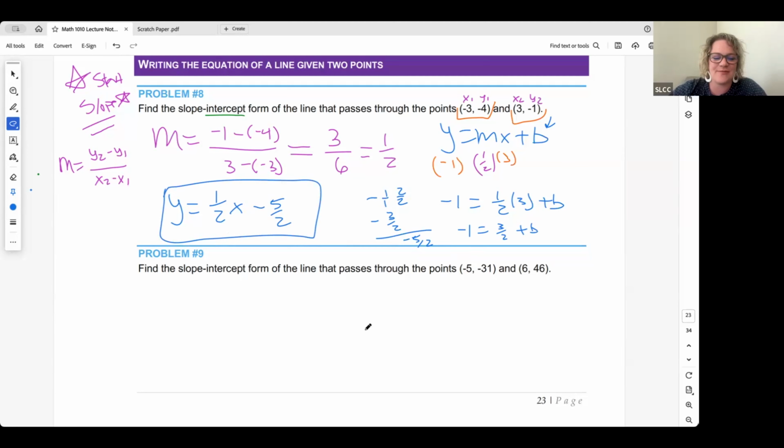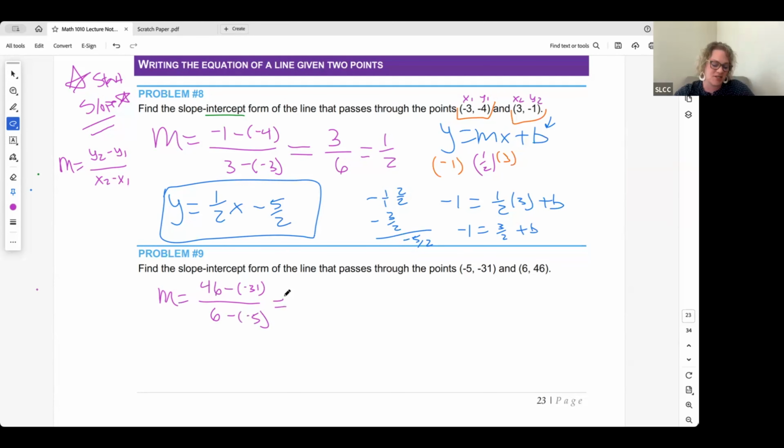Let's try number 9. Find the slope-intercept form of a line that passes through these 2 points. Remember, begin with the slope. So I find the slope by subtracting the y values, 46 minus a -31, divided by subtracting the x values, 6 minus a -5.